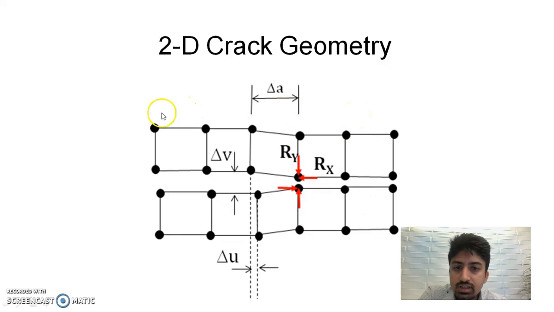When a crack propagates, it exactly looks like this. At the micro level, we can see delta V, delta U are the relative displacements. The R is the reaction force. Delta A is the crack extension, like if this is a reference point, how much the crack has extended or propagated. This is a good pictorial representation of the 2D crack geometry.